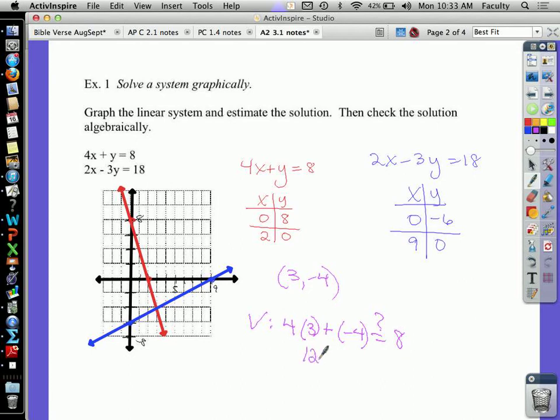So I get 12 minus 4, so it works in the first one. And then let's check it in the second one. So I get 2 times 3 minus 3 times negative 4 equals 18. 6 plus 12, that works.